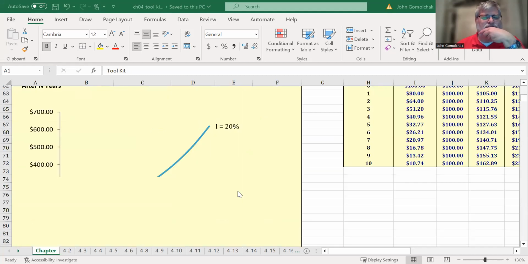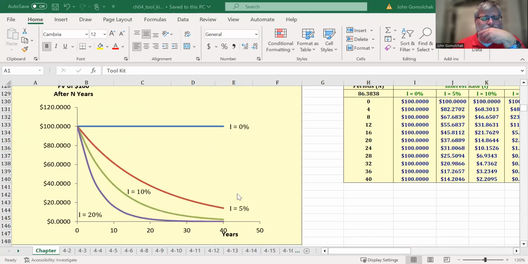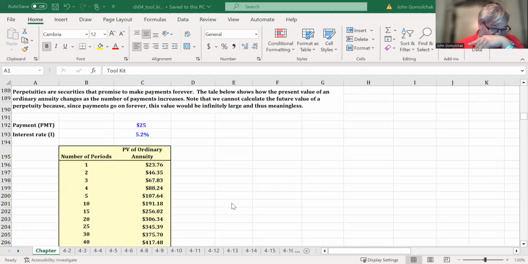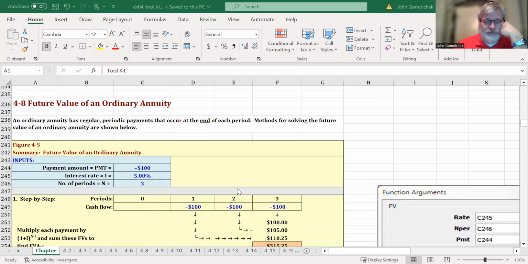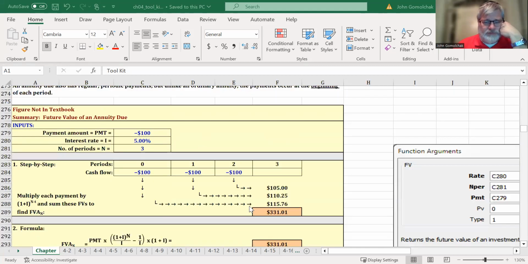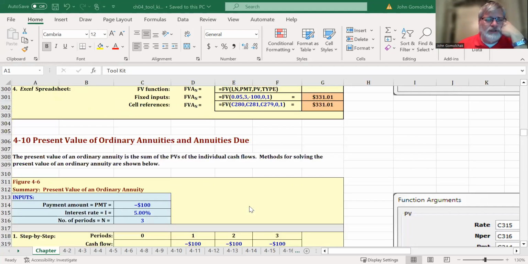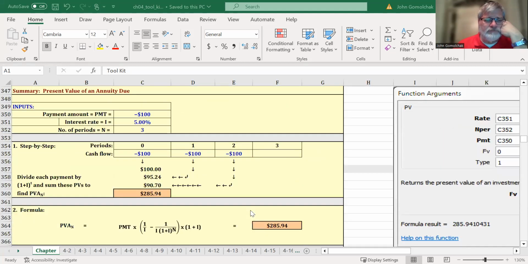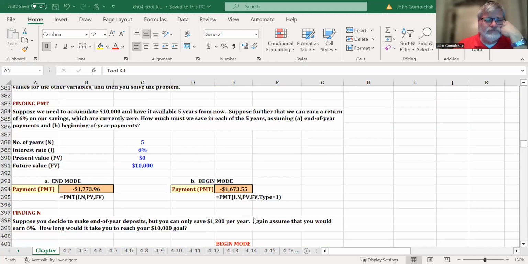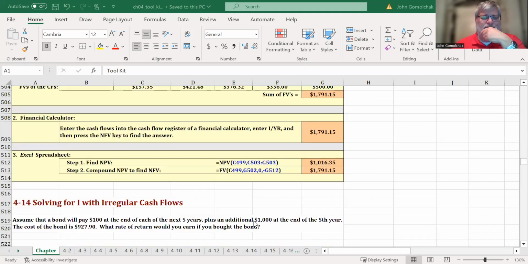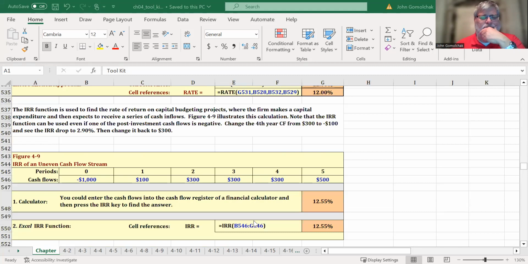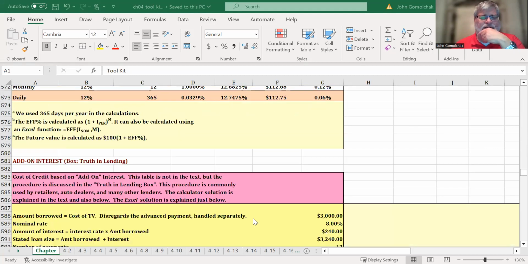And if we look down, I think you'll be able to see the auto loan stuff down at the bottom here. I don't want to spend a lot of time with auto loans. If you want to get involved in auto loans, then have fun, please do. But the auto loans are basically built to take advantage of you.